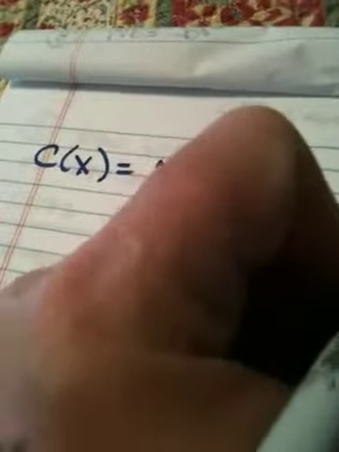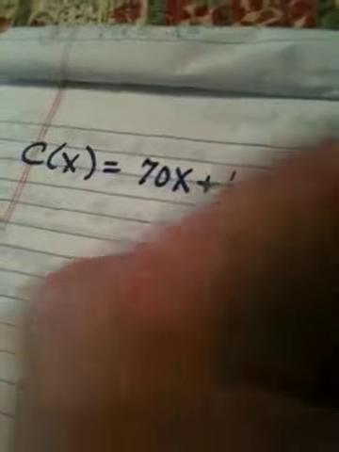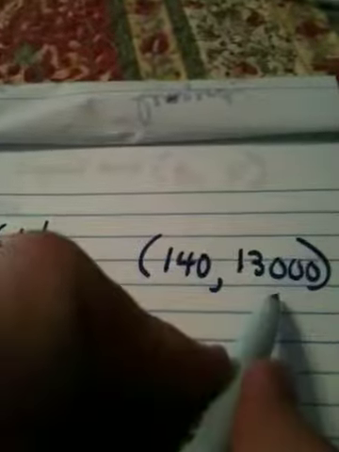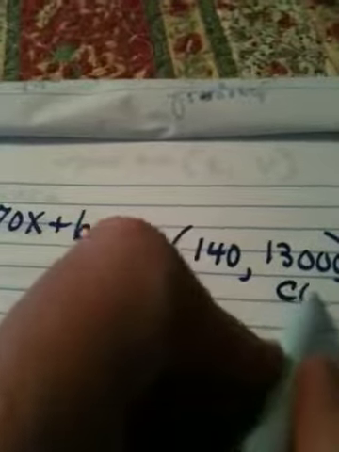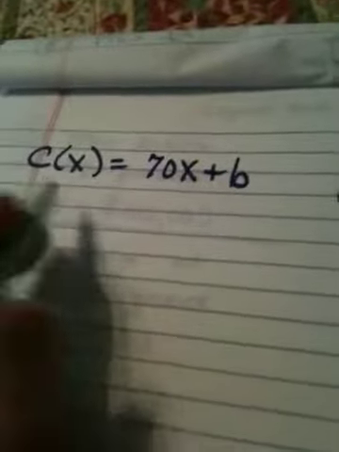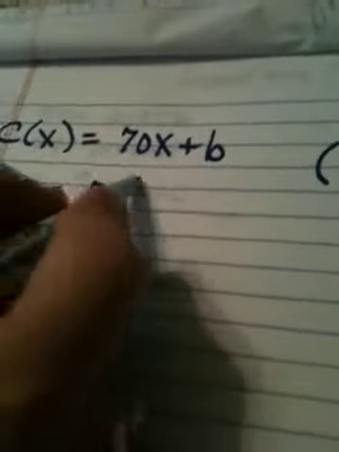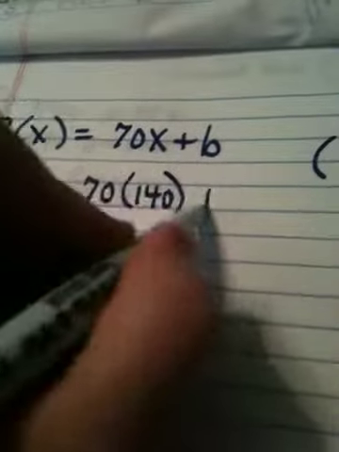Let's use the ordered pair 140, comma, 13,000. Okay, let's use that ordered pair. This would be C of x, and this would be x. So when I plug in here, C of x would be 13,000 equals 70 times 140 plus b.